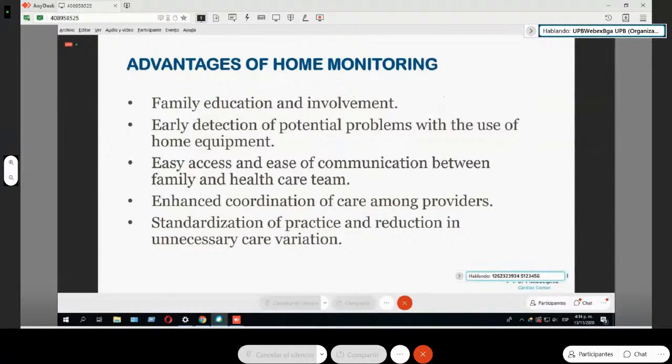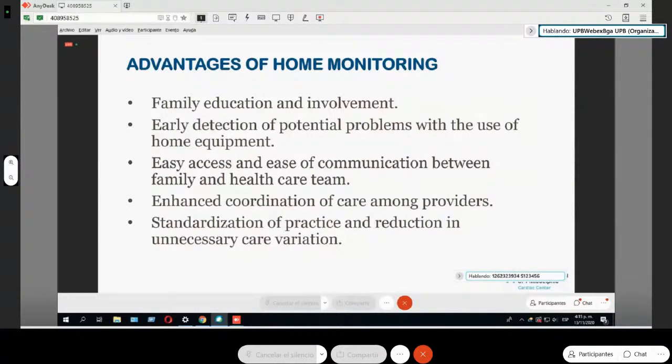De nuevo, las ventajas de tener el monitoreo en casa incluyen la capacidad de educar a las familias, de tener la participación, la detección de potenciales problemas, fácil acceso y de comunicación. Yo creo que esta es una de las claves, el fácil acceso que tienen los padres ahora a un equipo de cuidado en salud, a un equipo dedicado.